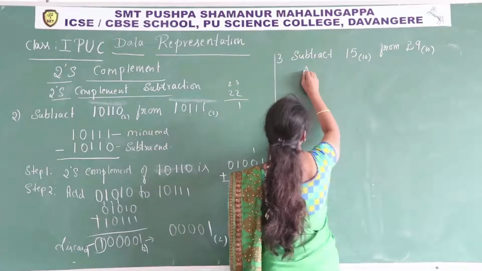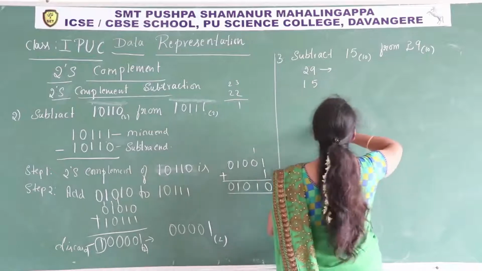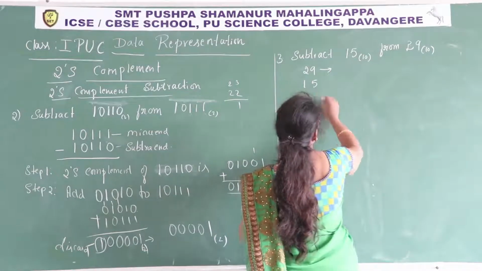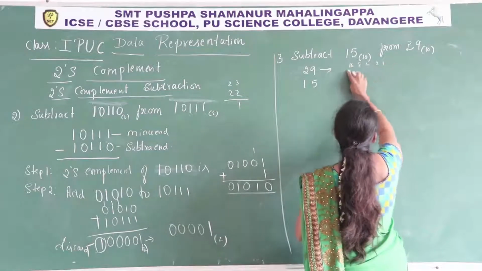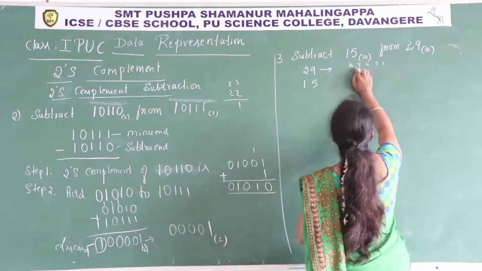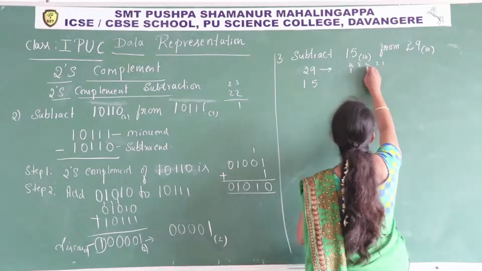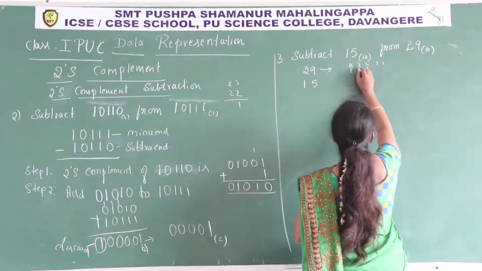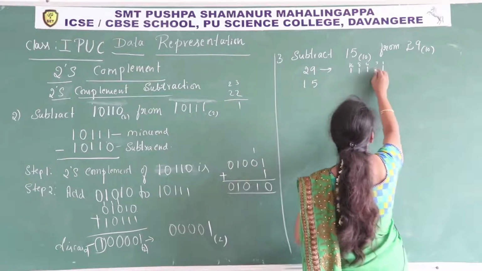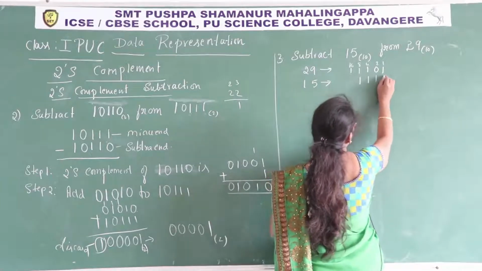How to convert 29 to binary? We will use a shortcut method. 16, 8, 4, 2, 1. Let us consider all digits here: 16 plus 8 is 24, plus 4 is 28, plus 1 is 29. And for 15: 8, 4, 2, 1.